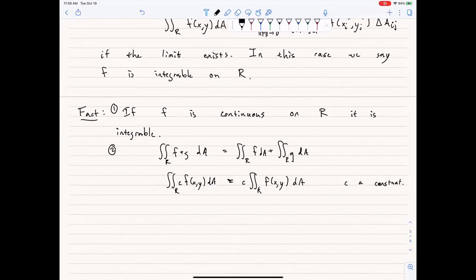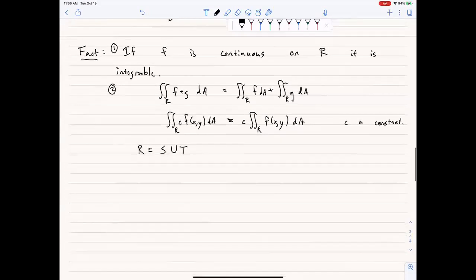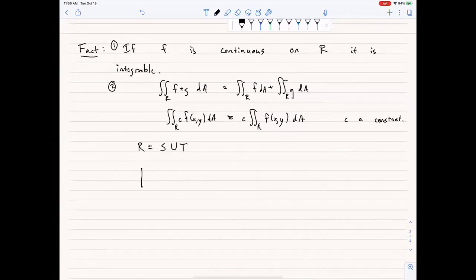Of course, you can't pull out functions. And there's also this notion, which becomes a lot more helpful in higher dimensions than maybe it would in one dimension. If your rectangle is a sum of two other rectangles, or really other two regions, although we haven't quite defined that yet, so let's say not a sum, a union.